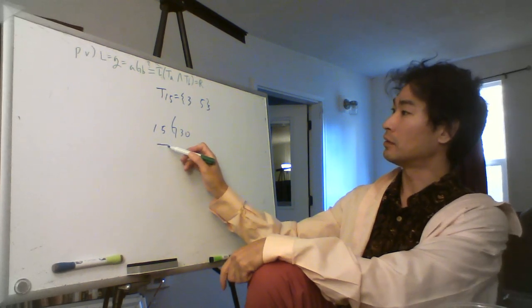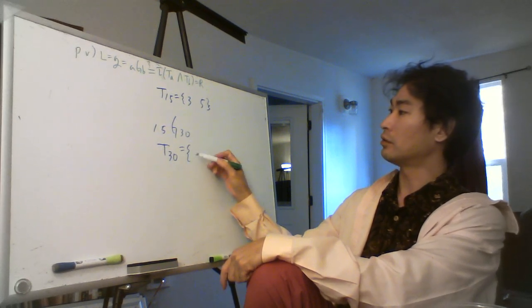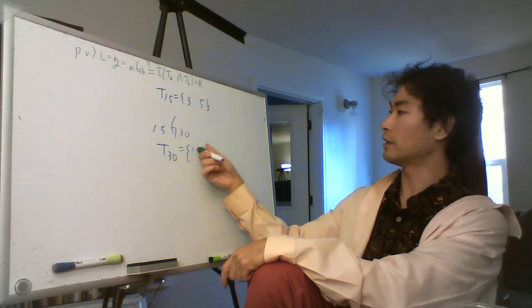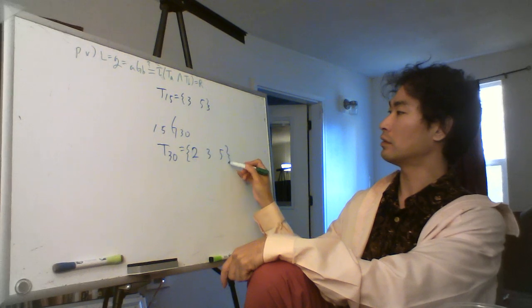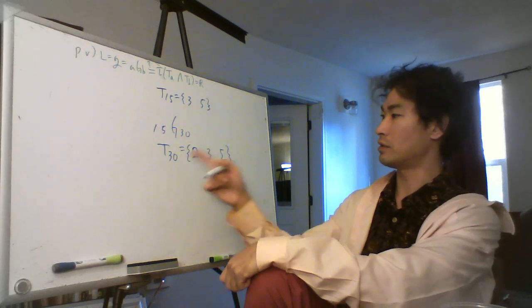All right, the T set, prime factor set, of 30 is 2, 3, 5, right? Because 15 times 2 is 30.